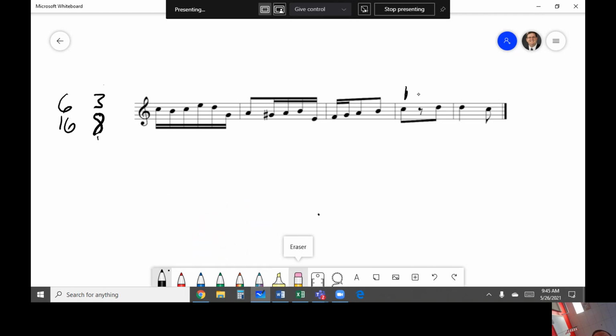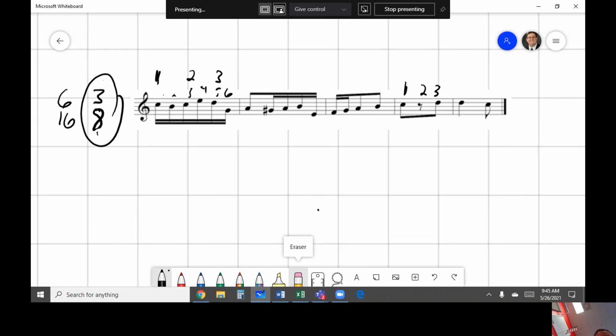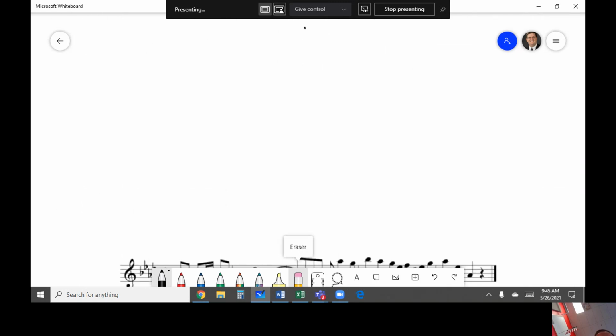In this measure, there's 1, 2, 3 eighth notes. Therefore, I came up with 3/8. On this one here, 6 16ths, 1, 2, 3, 4, 5, 6. But basically, that's 1, 2, 3 eighth notes worth of stuff, right? So I think 3/8 is the better answer, but 6 16ths could work as well. All right, let's do another one.